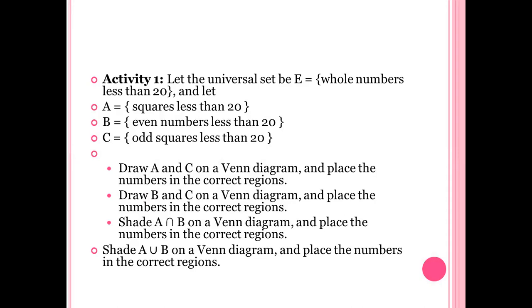Draw B and C on a Venn diagram and place the numbers in the correct regions. Shade A on a Venn diagram and place the numbers in the correct regions. And shade A on the Venn diagram and place the numbers in the correct region. So these are the instructions for your week 10 activity.